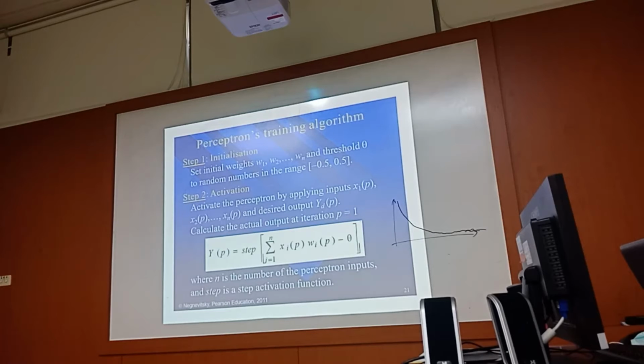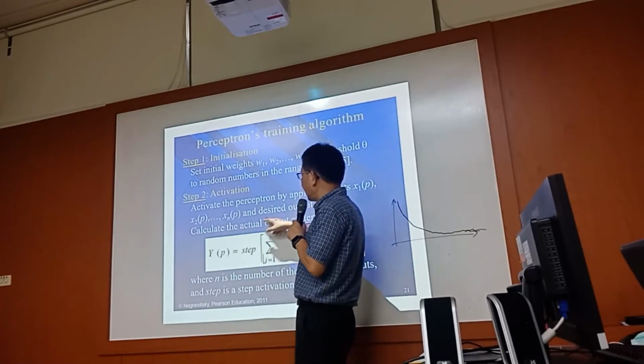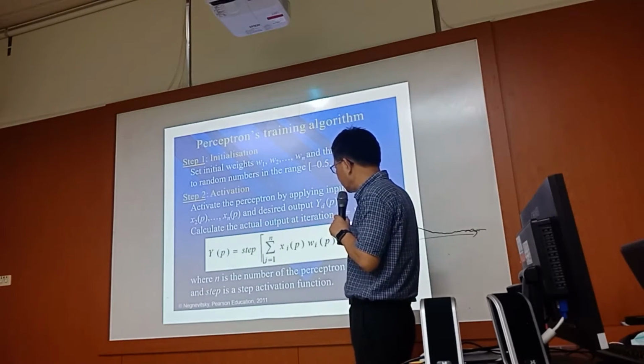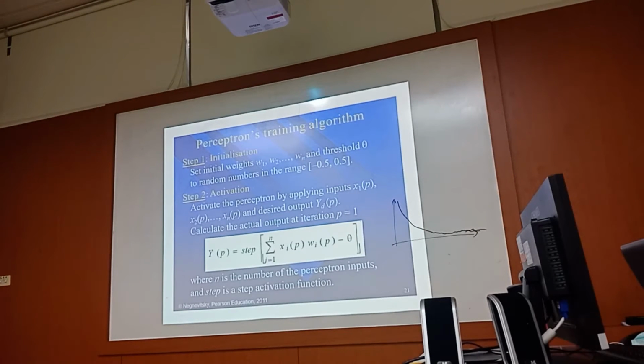So the perceptron training algorithm: first it is initialized, you set the weight values. Then you input a pattern, and calculate the summation of the neuron output, and pass it through a step function to check whether the neuron is active or not active.